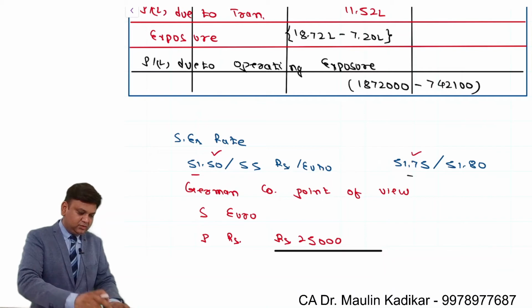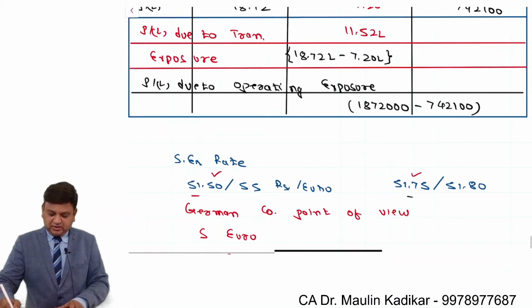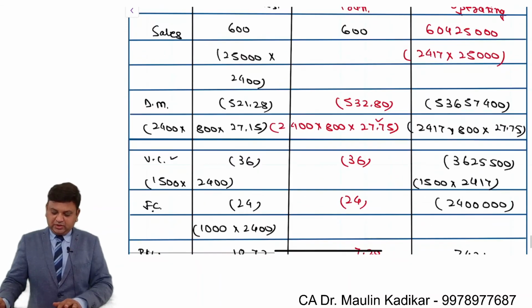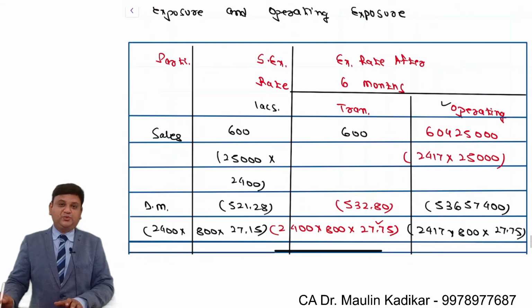So that comes to 11 lakh 29,900. This is the way we are required to give the answer for the profit or loss due to operating exposure.